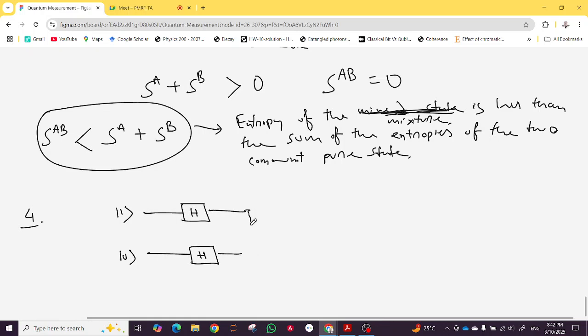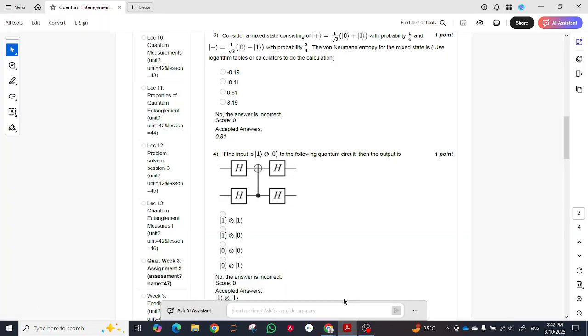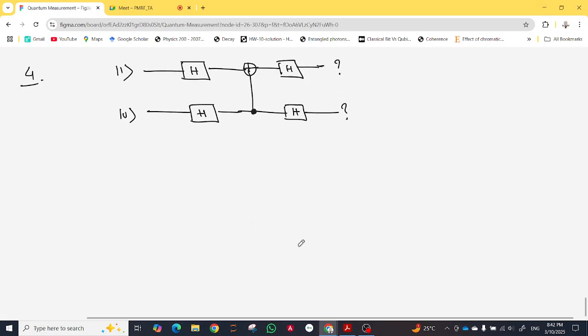You have this control and this target, and then another Hadamard gate, and this is your output. So you have to tell what will be the output here.